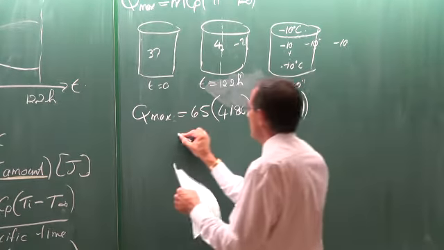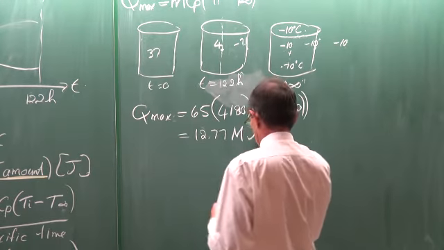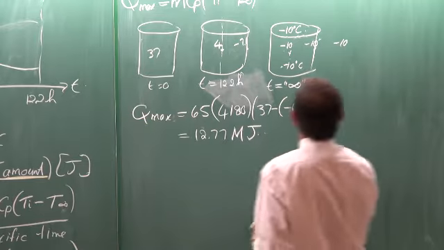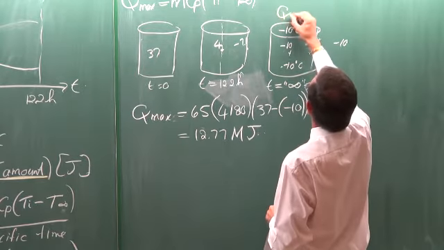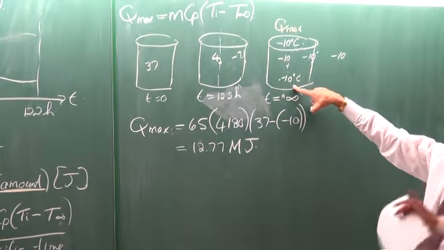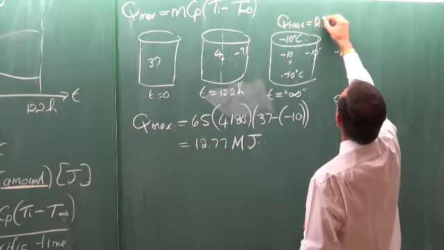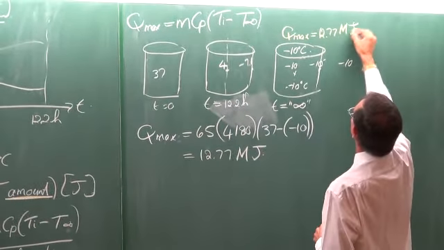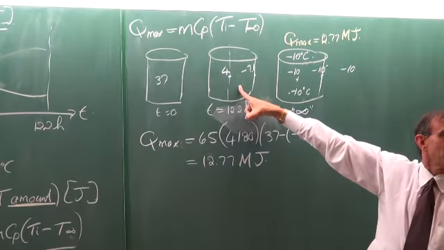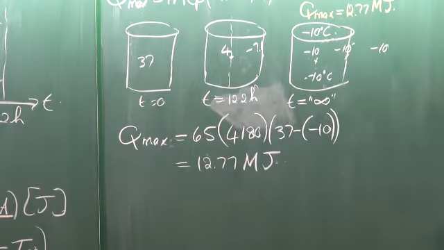And that would be 12.77 megajoules. Okay. So to get to this point where everything is at minus 10 would be 12.77 megajoules. That's not a calculation for that. It's for this one.